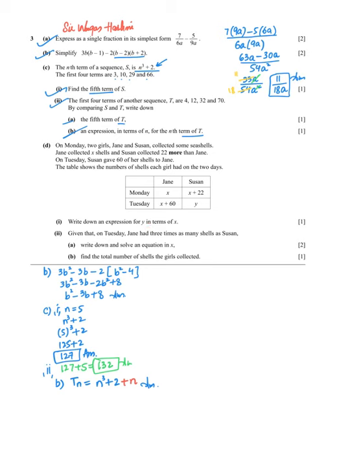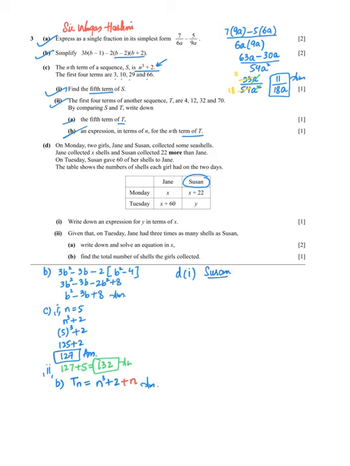Alright, so the question is quite simple, but you need to focus on the expression for Susan. On Monday she has 22 more than Jane, but on Tuesday she gave 60 of her shells to Jane. So for part D1, we are talking about Susan here.